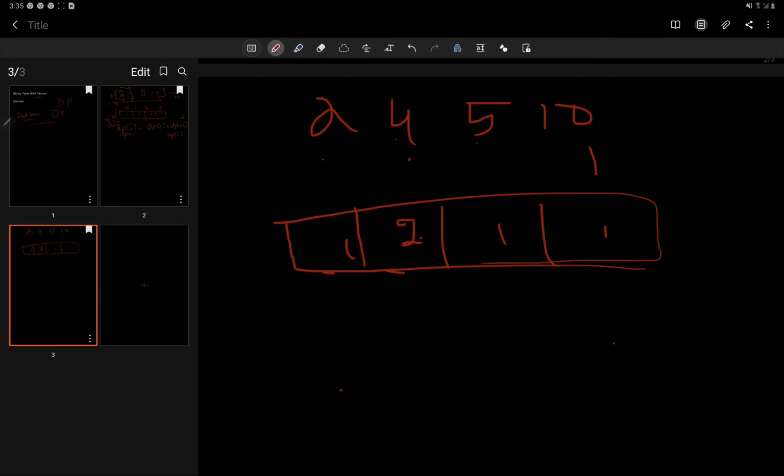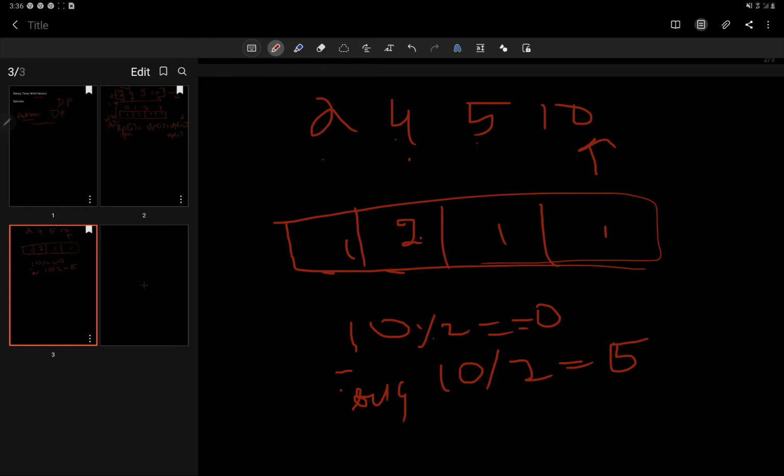So now we are at this position. 10 % 2 is 0. So we check 10 by 2, that is 5, the right value, because 2 is the left value by which we divide. So dp of i, that is 1, plus dp of the left value 2, which is 1, into dp of the right value.